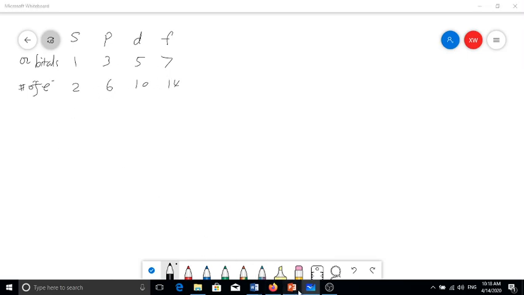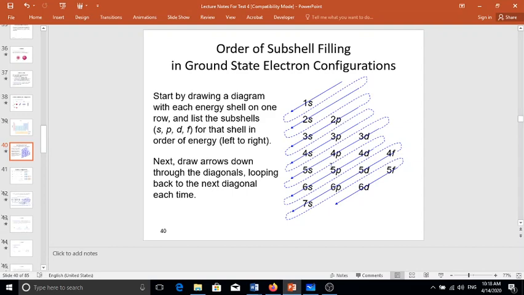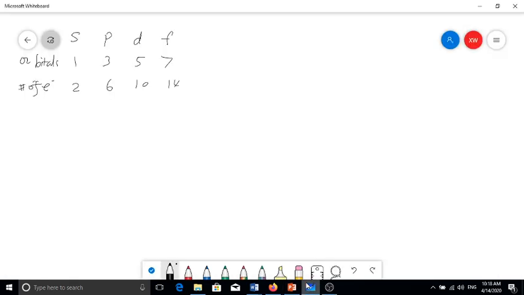Now, according to the order we have learned here, let me write it out. Long or complete electron configuration. If we have electrons completely filling up all of the orbitals, the electron configuration should look like this.